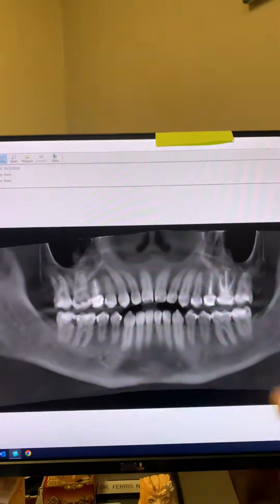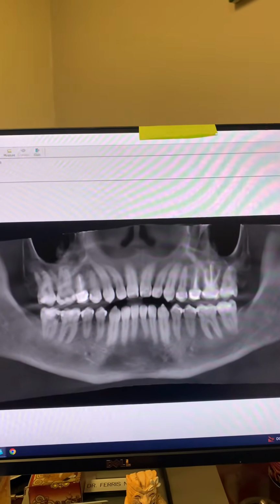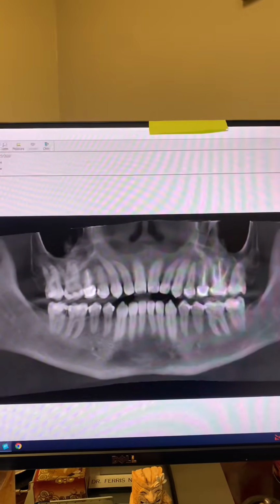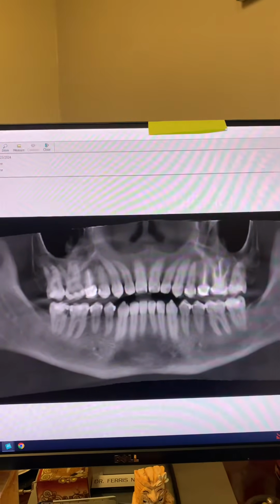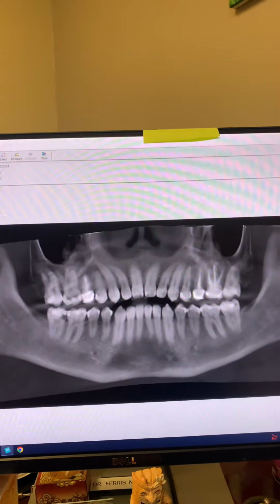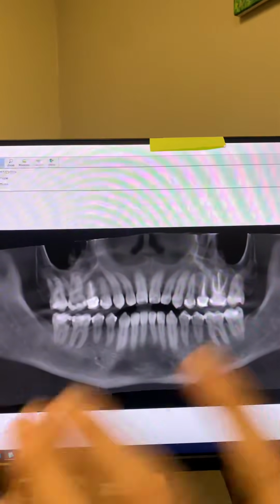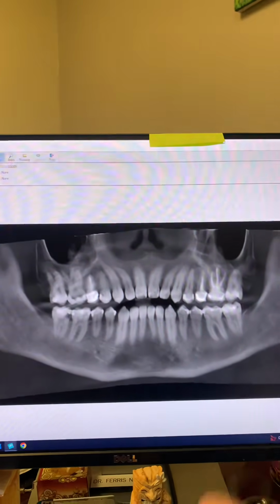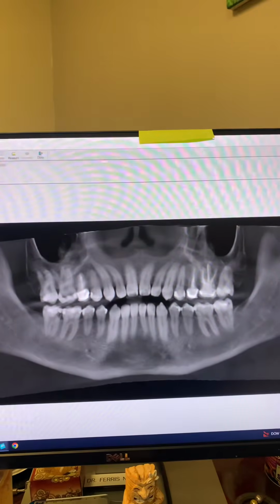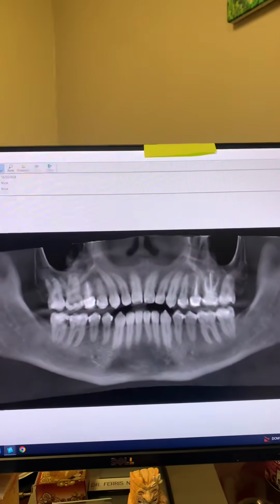So you can't use a panoramic X-ray for diagnostic reasons for endo. This is in general, right? This patient couldn't have intraoral radiographs taken because of his severe gag reflex, but I'm talking about in general.